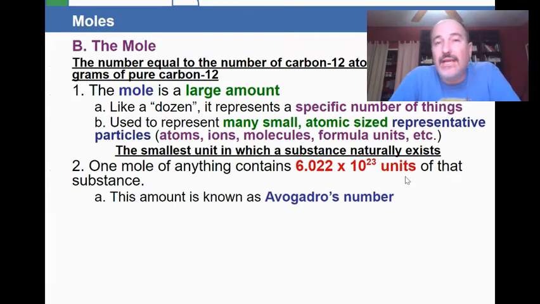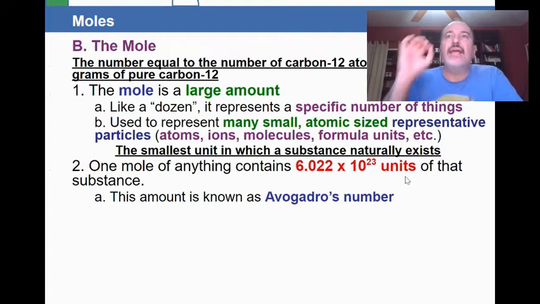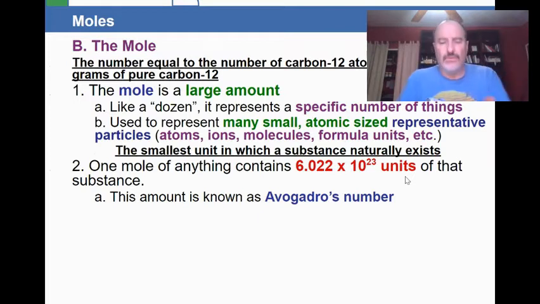And he was an Italian scientist that figured out this number. And you're going, well, wait a second. What's so special about that number? Why does it have to be that specific number? I mean, theoretically, what if you had 1 times 10 to the 24th? Wouldn't you have enough atoms to be able to see them and work with them? Yeah.